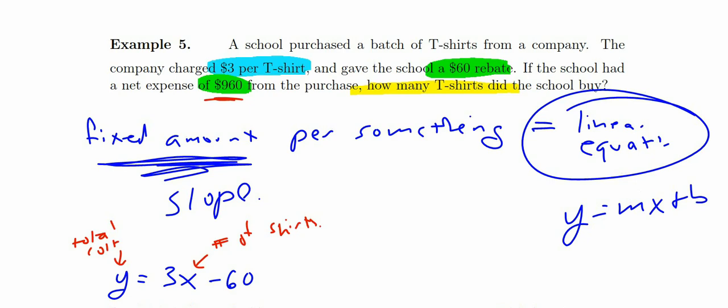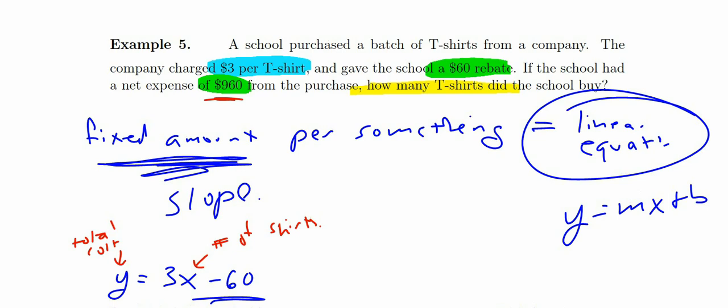Okay, that I have a linear equation and what the slope is. Okay, so that gives me a leg up. And then a $60 rebate, and the reason I know to subtract 60 is, well, that's $60 off. And if you take something off the price, you're subtracting the $60. Okay, so that's why I know it's the minus 60 there, because I'm getting a $60 rebate.